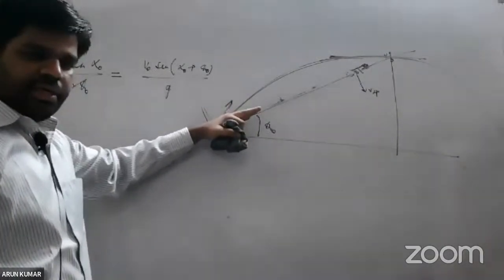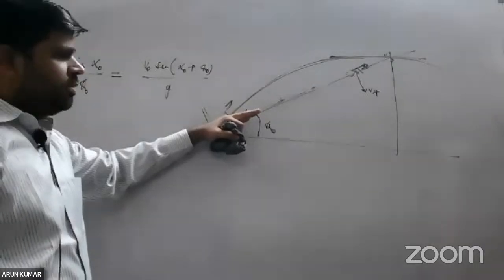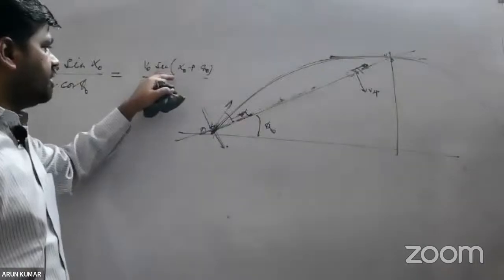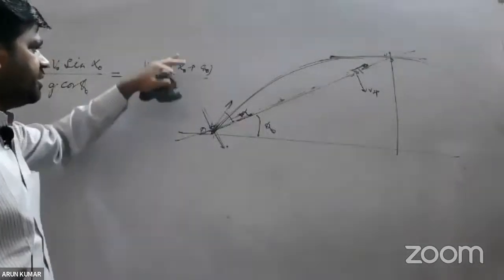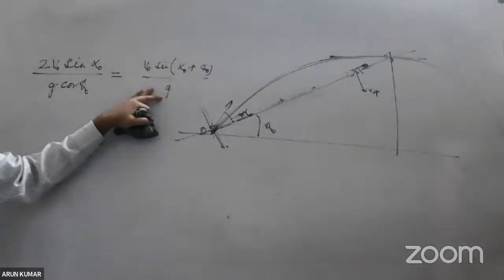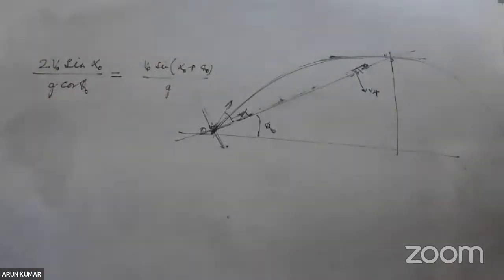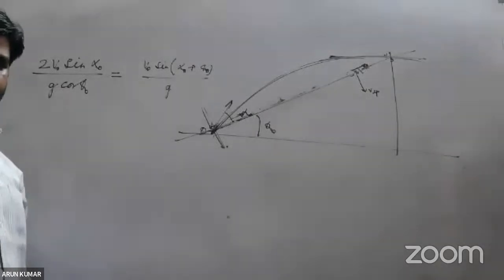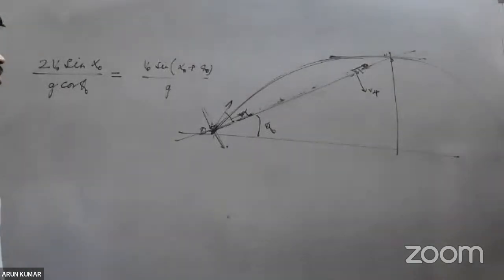Theta naught is the angle of the incline. So the angle with the horizontal is alpha naught plus theta naught. So V naught sine of alpha naught plus theta naught by g is the time of ascent for an oblique projectile on ground. This time should be equal to this time. Why is it so? Do you understand that?